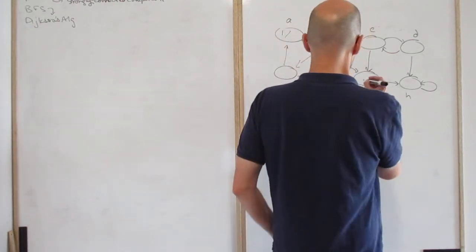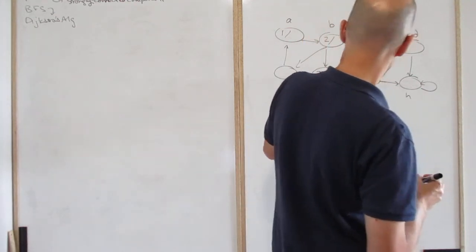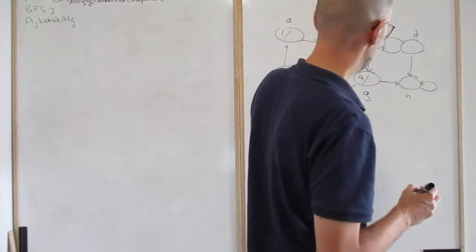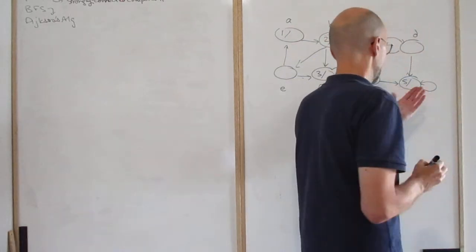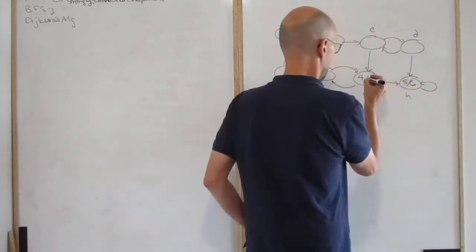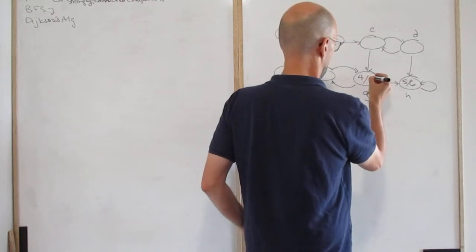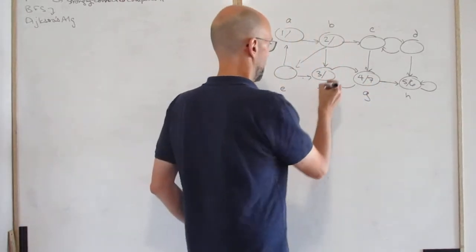We can go to G, 4. From G, we can go back to F, but we've been there. We can go to H, so this is 5. And now we can't go anywhere from H except to H itself, so it's 6. We go back to G, it's 7. We go back to F, it's 8.